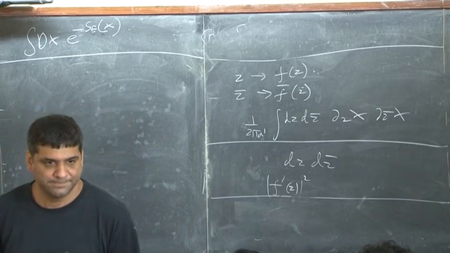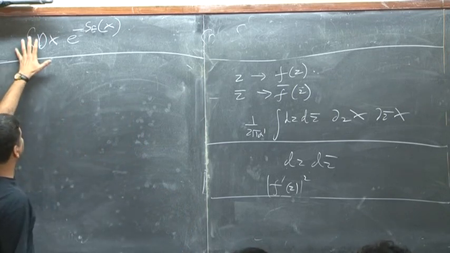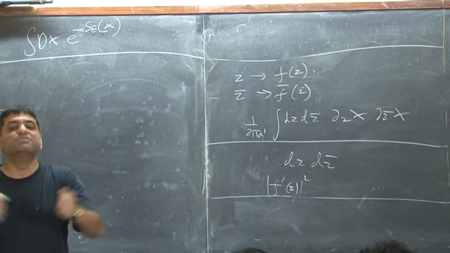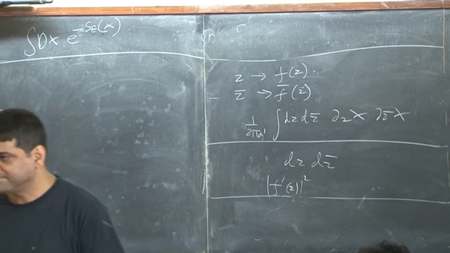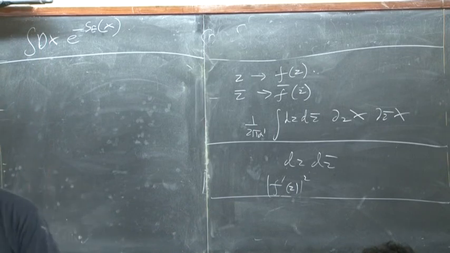Now the first question you should ask is, what are the good observables within a path integral? That will be of concern to us for most of our course.